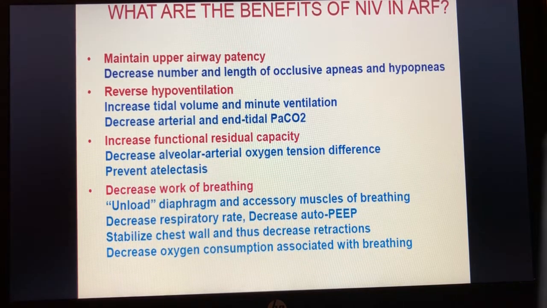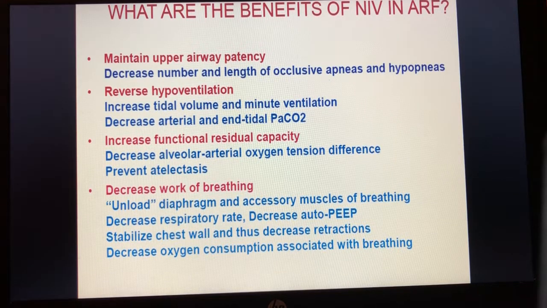When we look at the other benefits that have been shown by the use of CPAP in acute respiratory failure, particularly in bronchiolitis, we have the fact that the upper airway is maintained, and we've already seen the anatomy of why the upper airway is significantly more vulnerable and at risk.